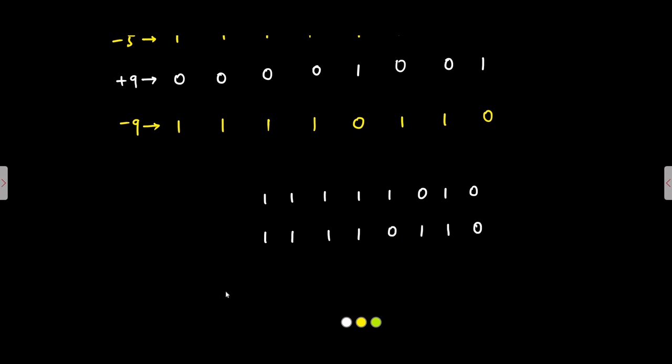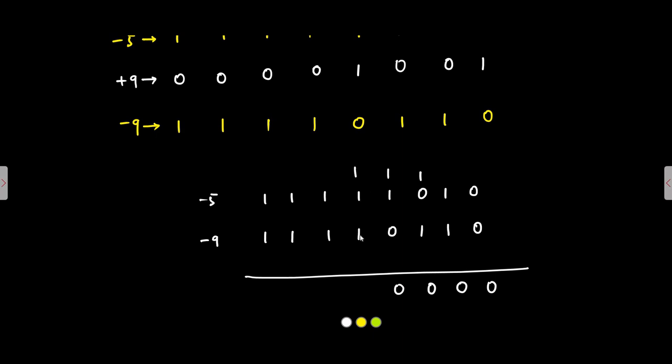Okay, so now we'll add them together. So this is minus 5, this is minus 9. So here it is 0 plus 0, 0, 1 plus 1, 0 with a carry of 1, 1 plus 1, 0 with a carry of 1, 1 plus 1 again, 0 with a carry of 1.